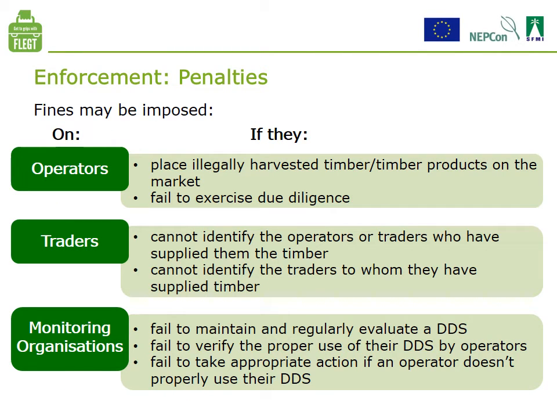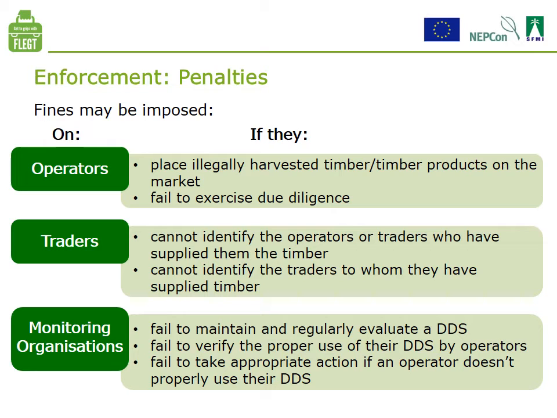Fines may be imposed on organizations with different roles in complying with the regulation. Fines may be imposed on operators if they place illegally harvested timber or timber products on the market or fail to exercise due diligence before placing products on the market. Fines may be imposed on traders if they cannot identify the operators or traders who have supplied them with the timber or the traders to which they have sold timber.